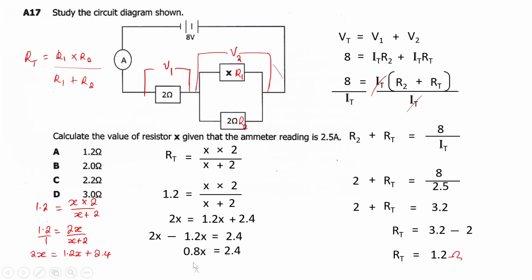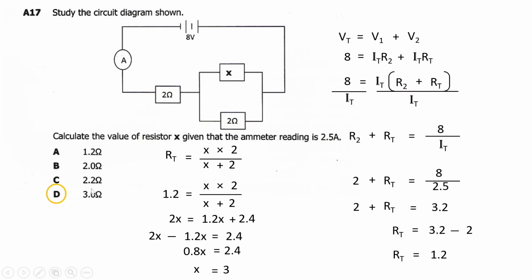Then you want X, so divide by 0.8 here, and also divide by 0.8 here so that I remain with X, which now gives me X equals 3. So this is 3 ohms, which means the answer was actually D, our required answer.